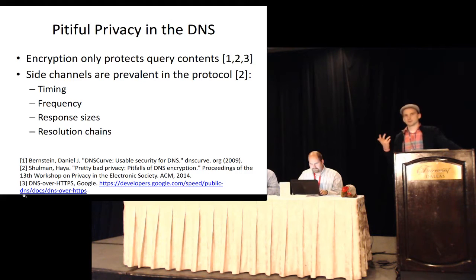But as Shulman showed a couple years ago at WPES, side channels are kind of prevalent in the protocol, whether encryption is employed or not. You have information like timing, that is, the time it takes to resolve a particular query, the frequency of queries, response sizes that can leak information about the contents of them, and the resolution chains themselves, that is to say what stubs are actually addressed to resolve a particular query.